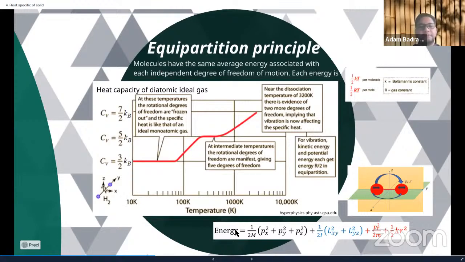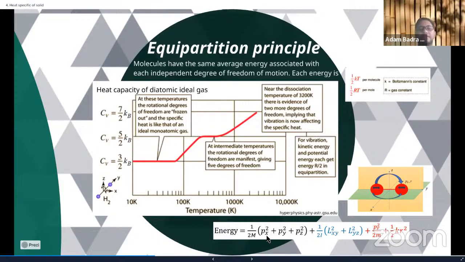What does this mean? For example, at low temperature, the H2 molecule only moves. It doesn't really vibrate. It only has translational movement, in the X direction, Y direction, and Z direction. So there are three kinetic energy terms, three degrees of freedom in their energy, due to the X, Y, and Z movement.